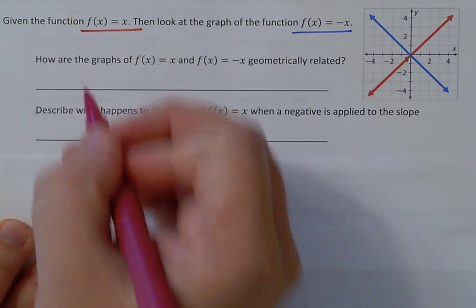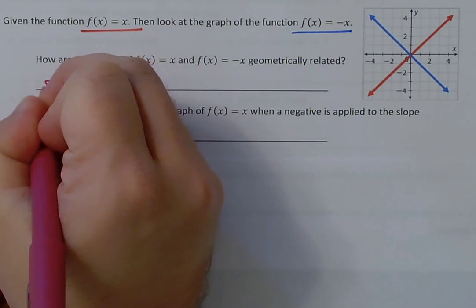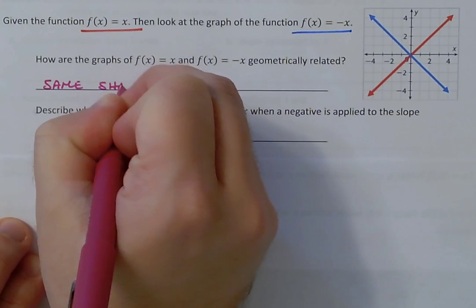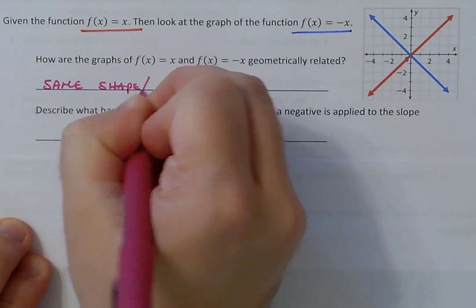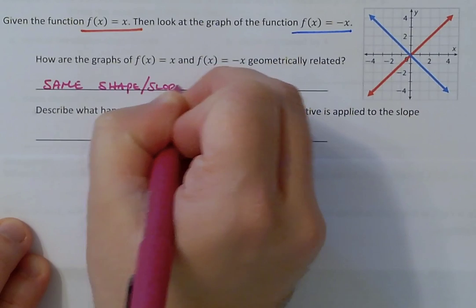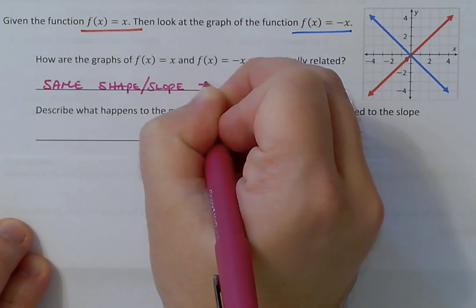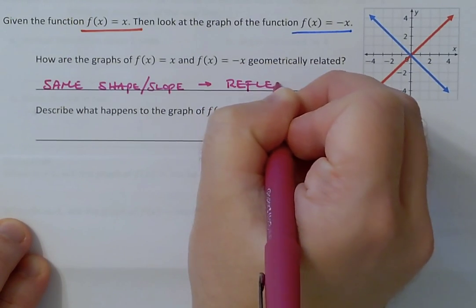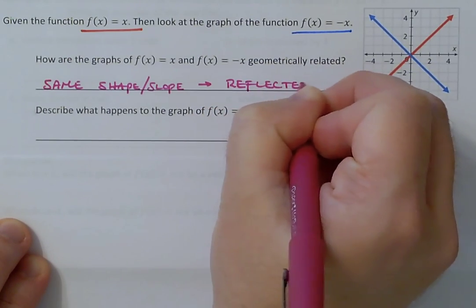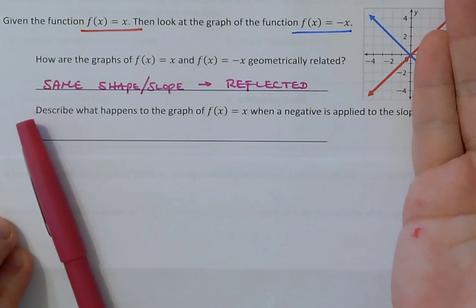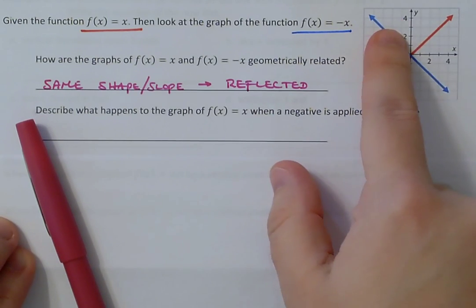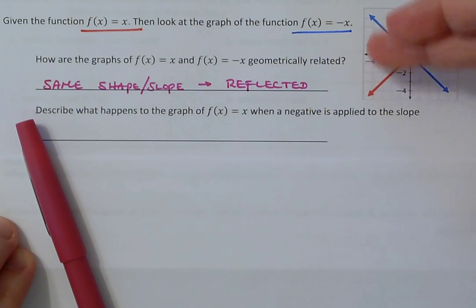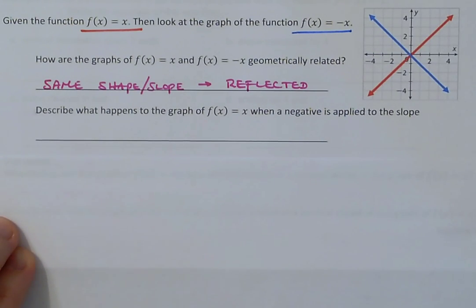So how are they geometrically related? They have the same shape, and I'm going to sum up steepness as slope. They are just reflected, meaning I could reflect this red line over here and it would match up with the blue line, or I could reflect it over the x-axis.